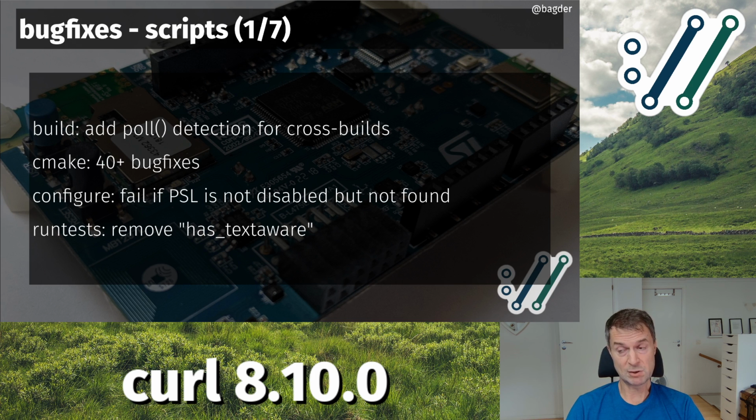Now we don't have to detect the operating systems as text aware anymore. We'll just always check text components differently. So we increased interoperability, and it makes it easier to write tests that work on Windows, in particular with different build environments on Windows, because they tend to be challenging sometimes.